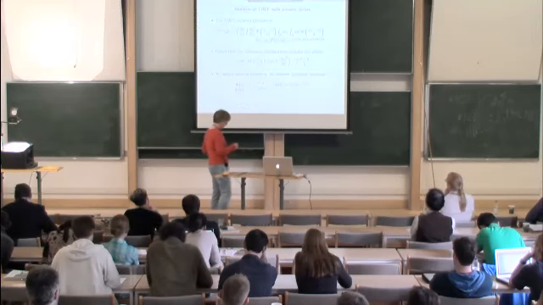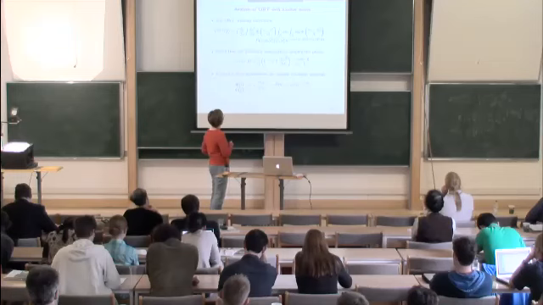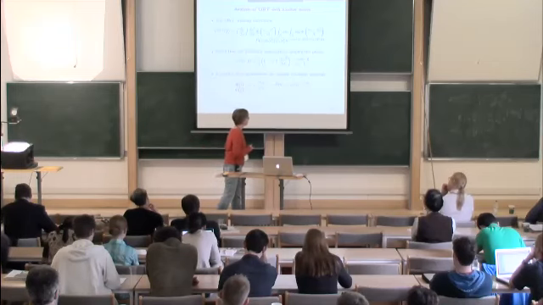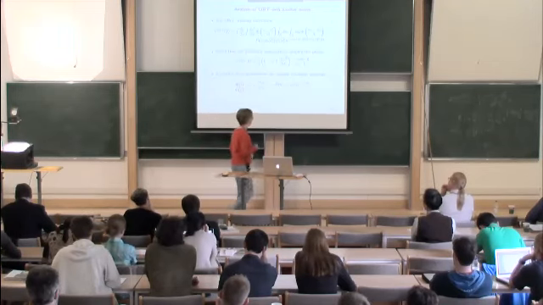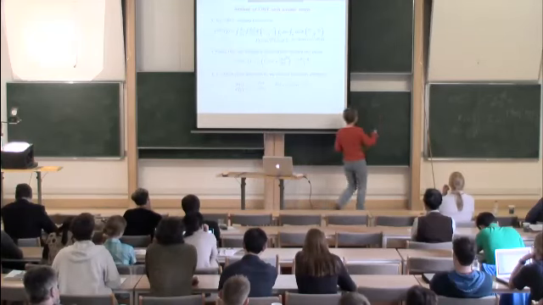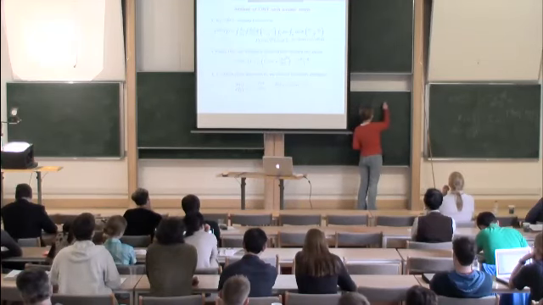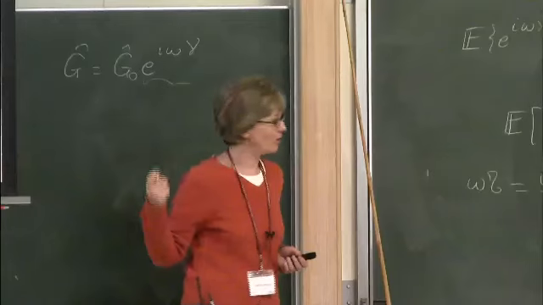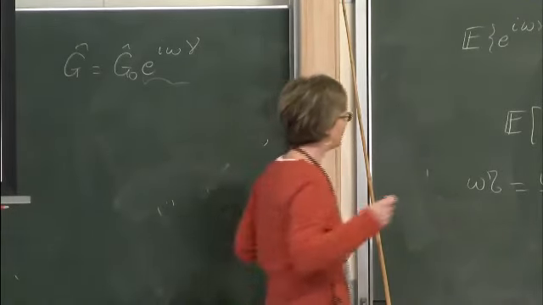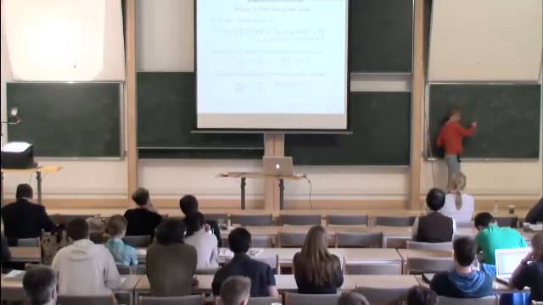The Kirchhoff migration function was linear in the data, so it contained terms like this, where the random terms were e to the i omega mu. When I take the expectation of this, I get something that goes down, it's really small. Now when I do the coherent interferometric method, I'm dealing with things like this, G bar.